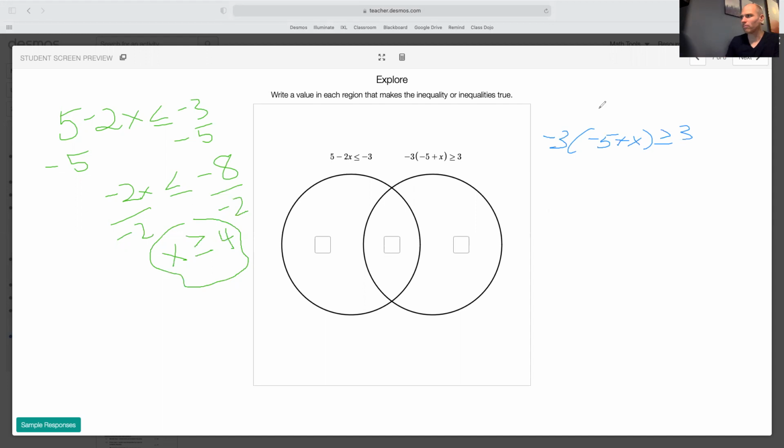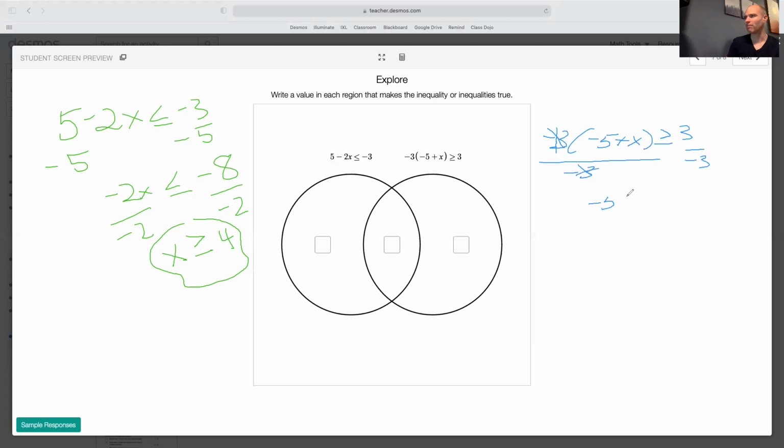All right, so I'm going to start by dividing both sides of this inequality by -3, because that's going to cancel this factor of -3 right here. But I have to divide the other side by -3 as well.